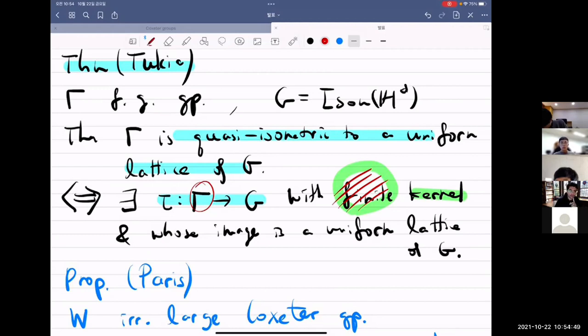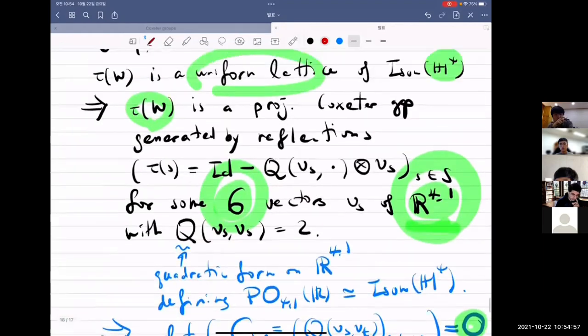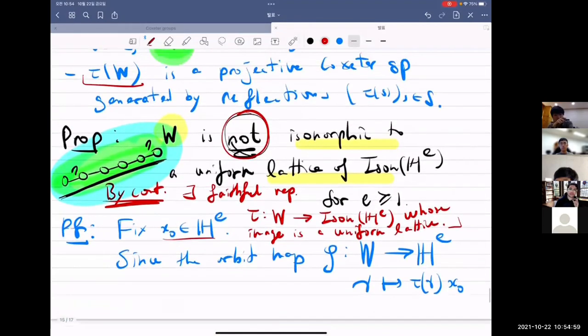Okay, so why can we use this theorem to upgrade the previous proposition to the manifold group? The story is the following. W is a Coxeter group, so there exists a finite index subgroup which is torsion free, so it will be a manifold group.